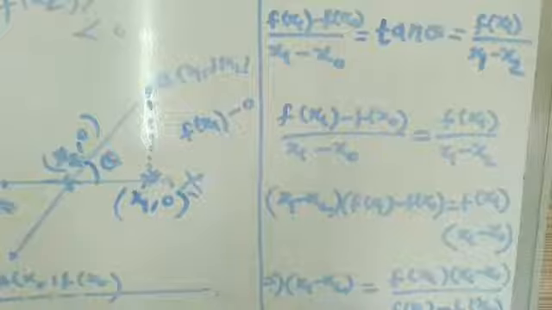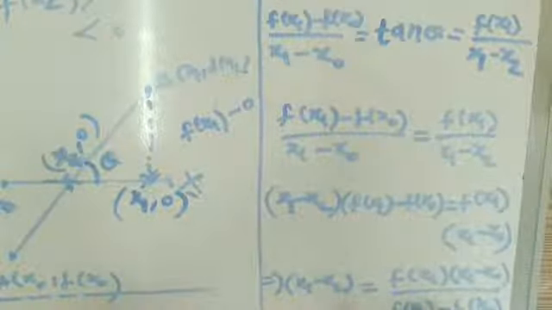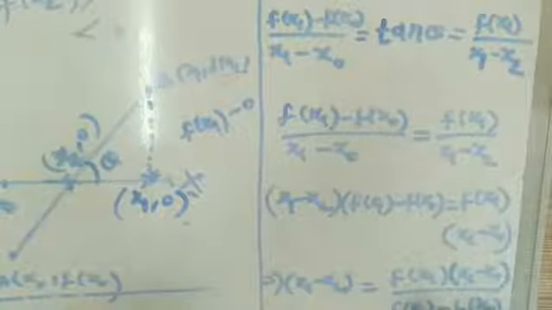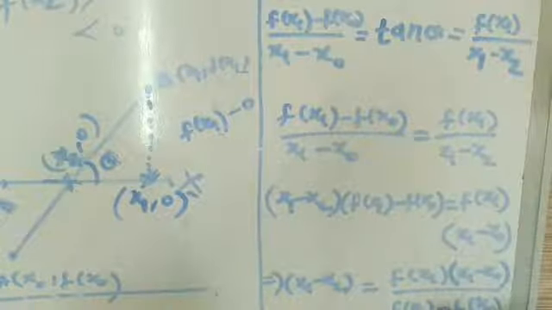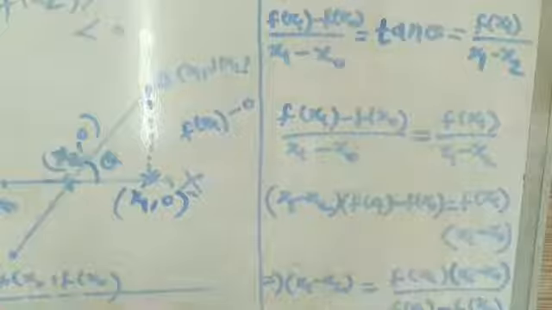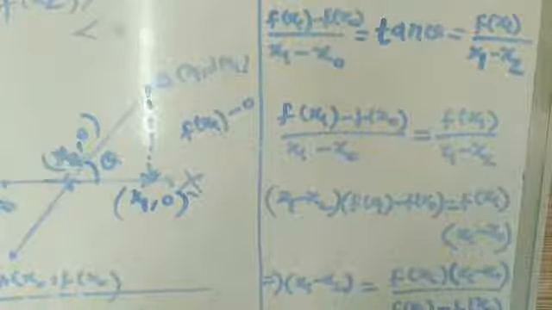Multiplying out the numerator, we get x1 into f of x1 minus x naught into f of x1, divided by f of x1 minus f of x naught.